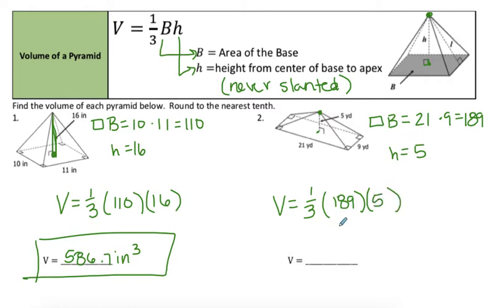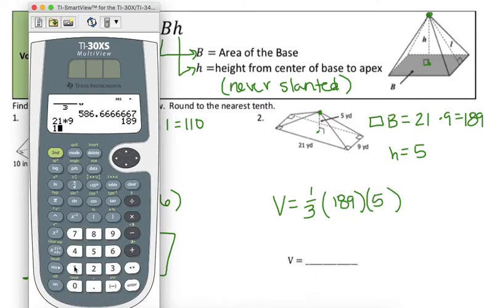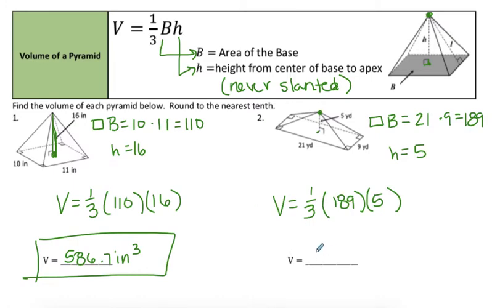In my calculator, I will do the 1/3, 189 times 5. Double check me, I get 315. I didn't need to do any rounding on that one. So 315, and this will be cubic yards. Make sure that you're answering those questions and writing these down.